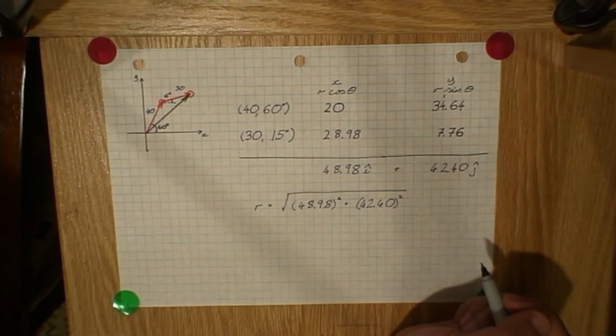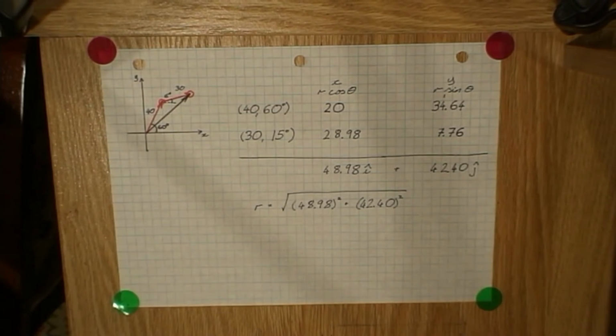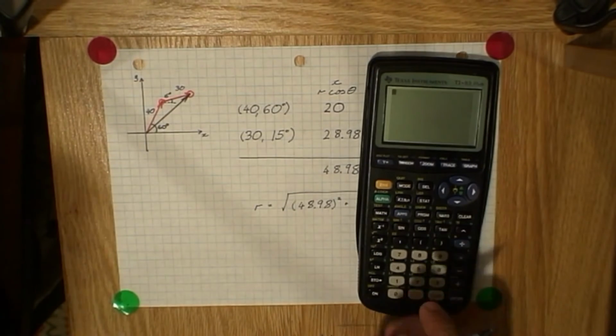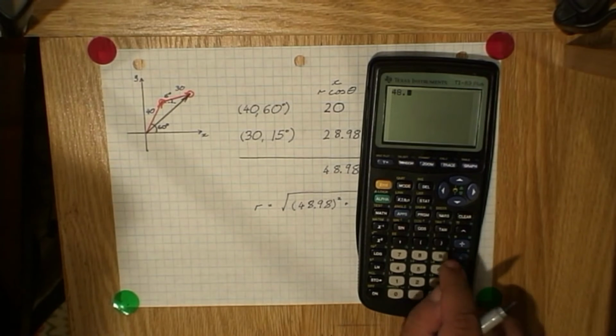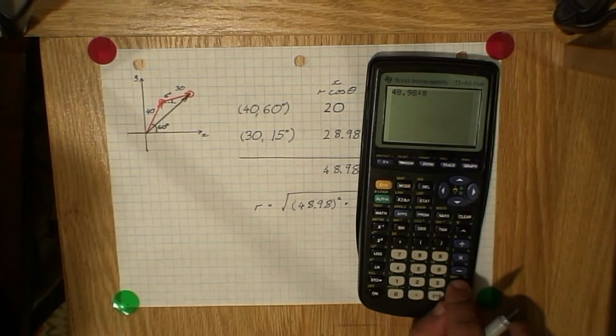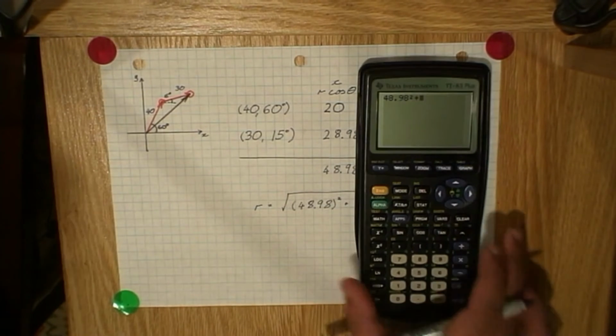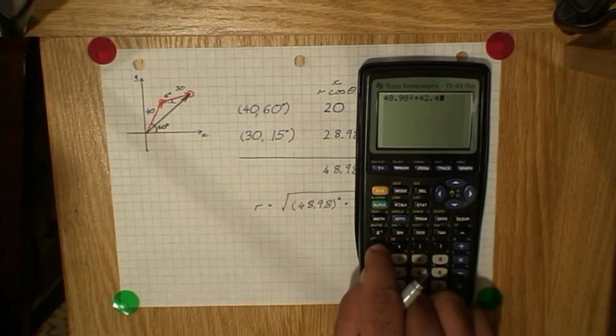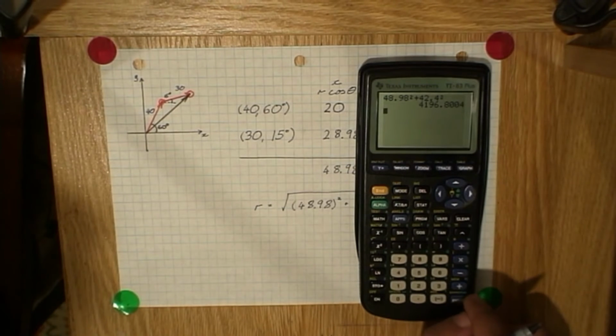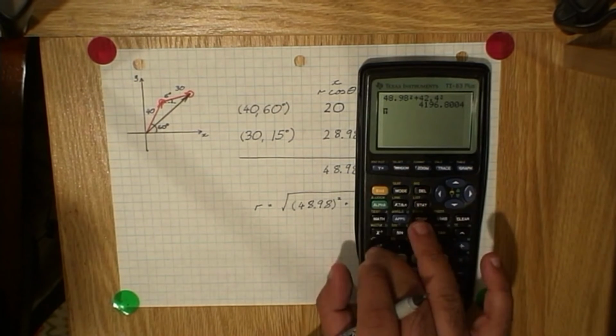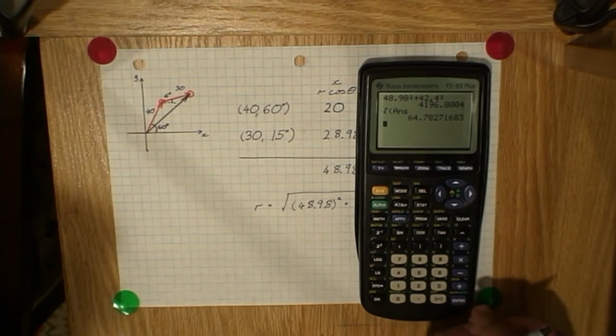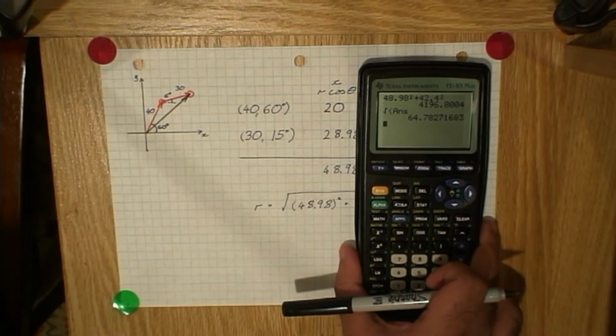It's just Pythagorean theorem. So 48.98 squared plus 42.4 squared gives us 4,196, and take the square root of that, 64.78.